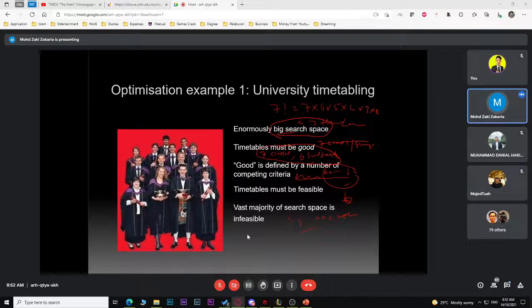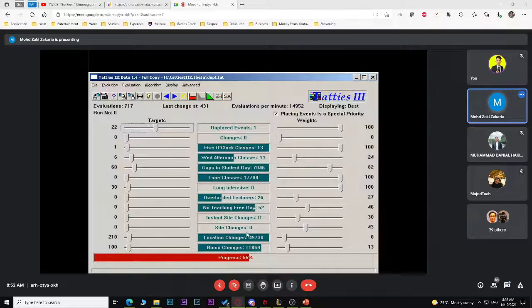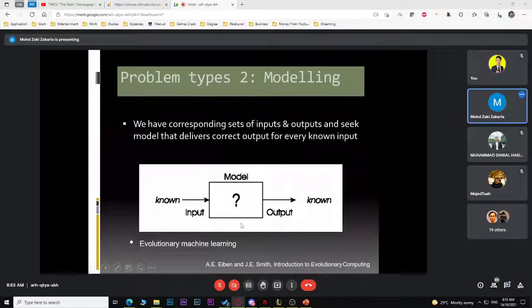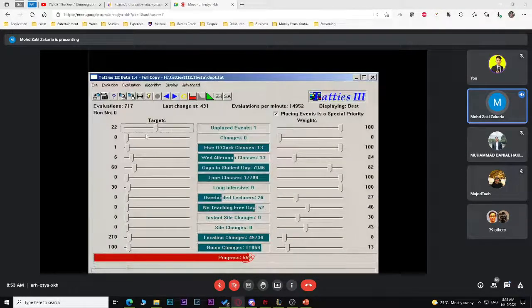So we discuss in detail after this. Okay, like this. For university timetabling. Okay, the progress is 55% of quality, maybe. Okay, this is what we call the rough idea of the timetabling interface.